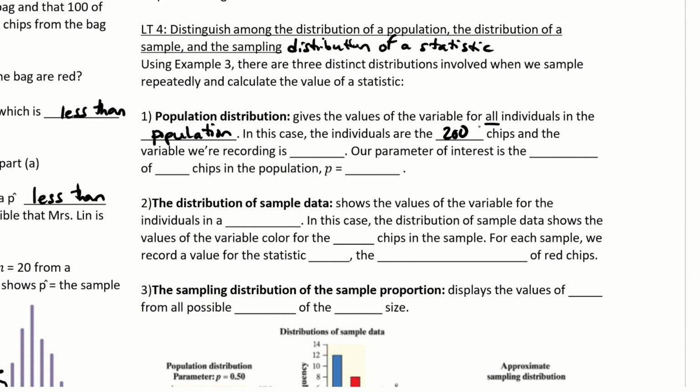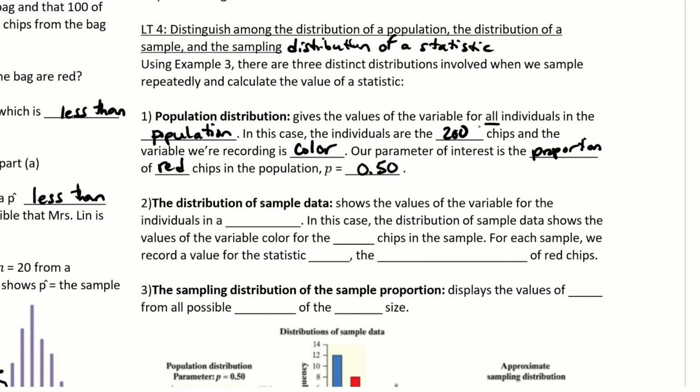So our parameter of interest is the proportion of red chips. And so we're going to use P for the parameter, which is 0.50. That's what they were saying, that P is equal to 0.50 for the population.